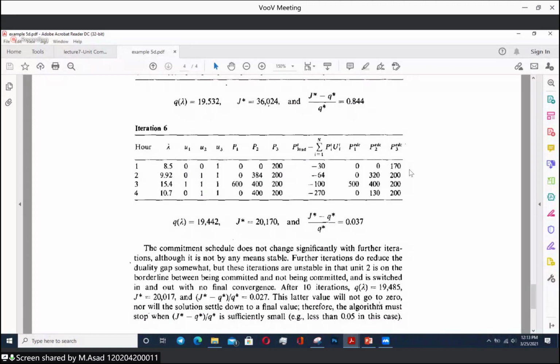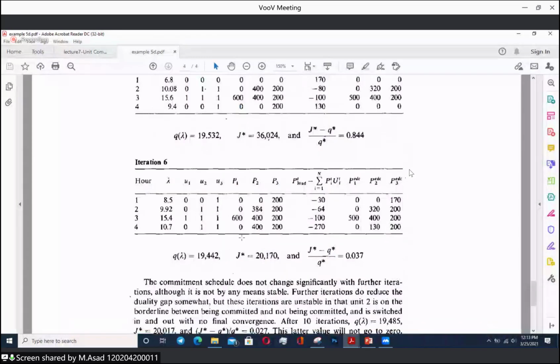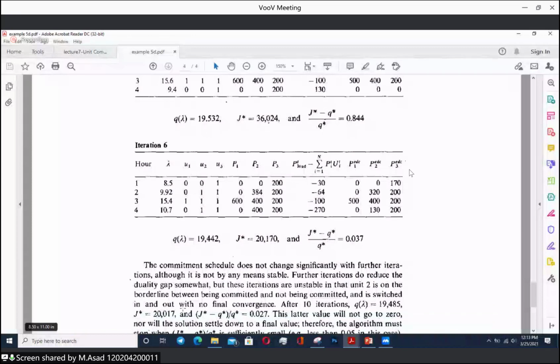This latter value will not go to 0, nor will the solution settle down to a final value. Therefore, the algorithm must be stopped when the duality gap is significantly small, and 0.05 is small enough, so we can stop our solution at 6, or maybe at iteration number 10.